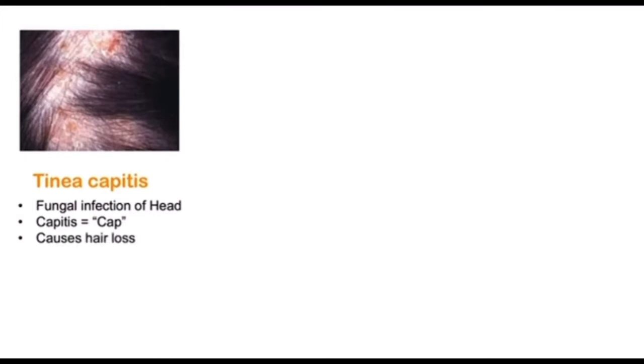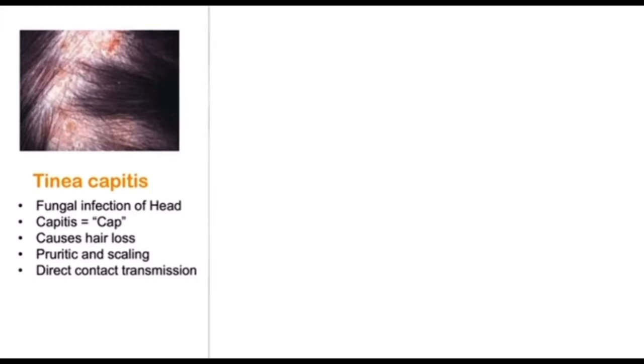This leads to hair loss, and it too is pruritic and scaling. This one is more related to direct contact transmission from another individual who has tinea capitis. Again, you see this patchy hair loss with this characteristic scaling appearance.